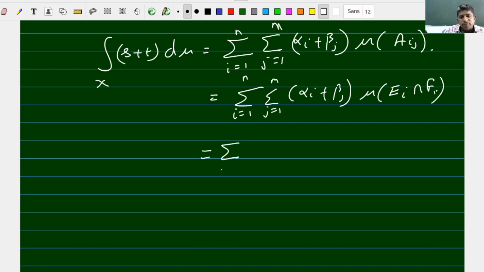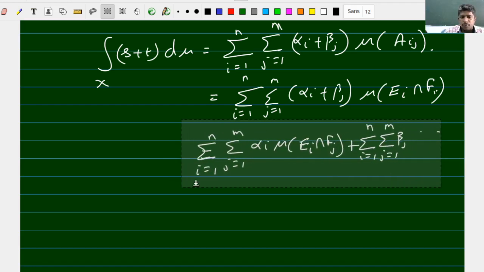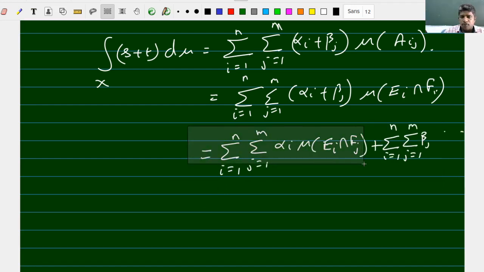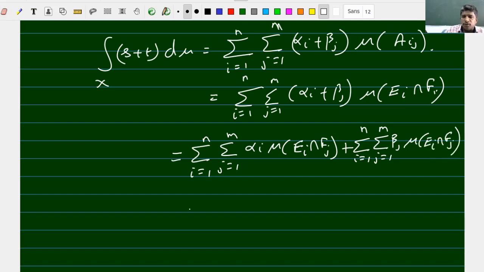Now we split into two summations: summation i from 1 to n, summation j from 1 to m, of alpha i mu of E i intersection F j, plus summation i from 1 to n, summation j from 1 to m, of beta j mu of E i intersection F j.